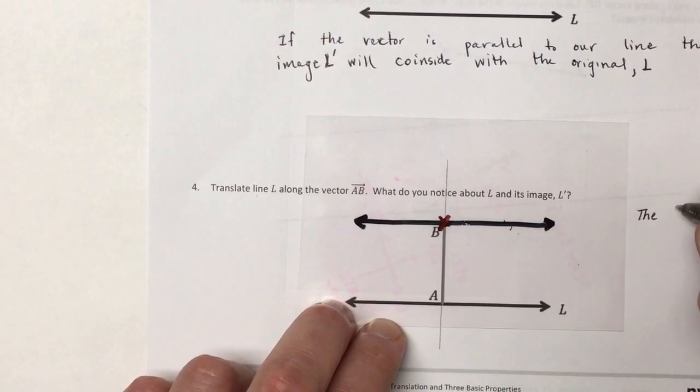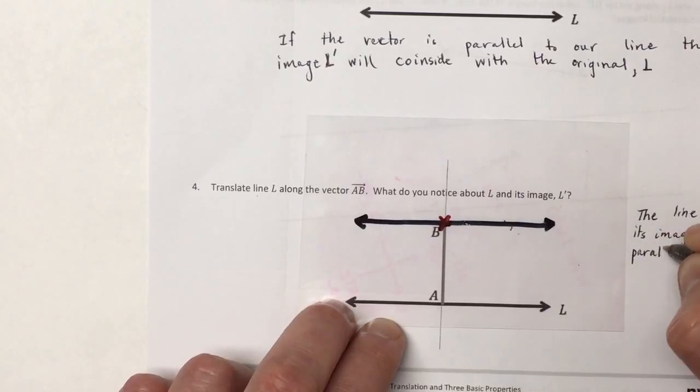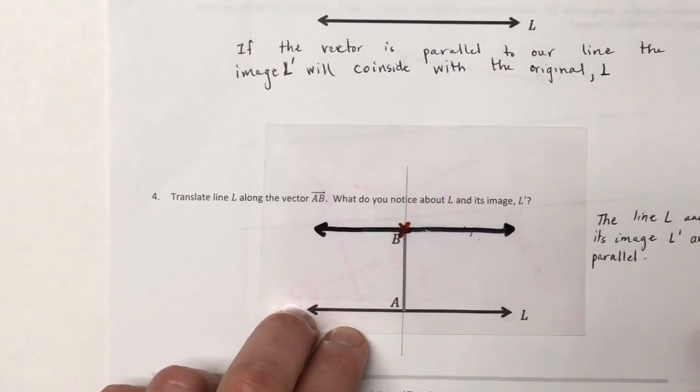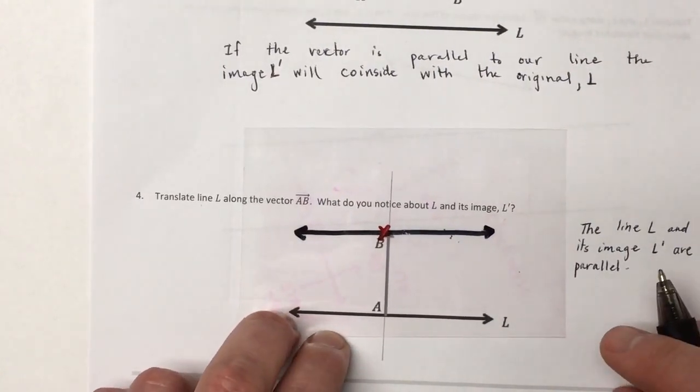The line L and its image L prime are parallel. Okay.